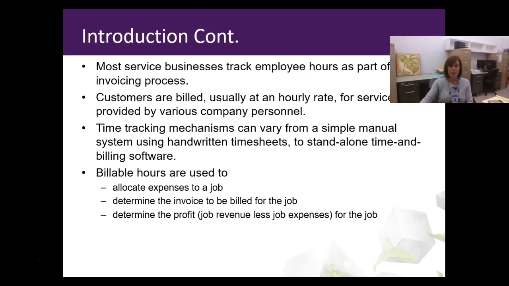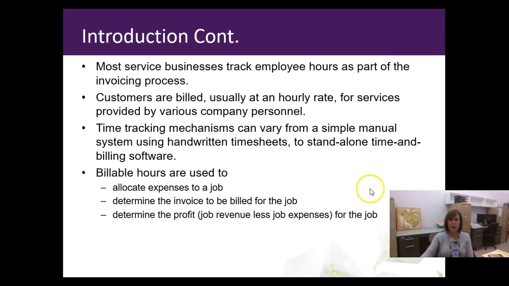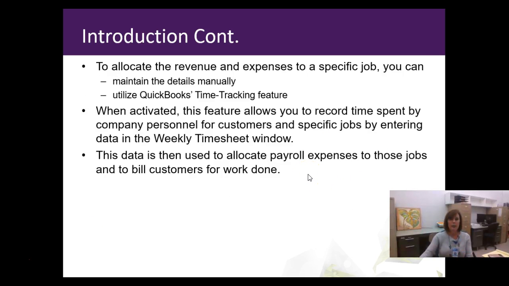And that's just one example of why we might want to use jobs as opposed to just billing strictly to customers. What we're also going to look at doing is allocating our time to these particular jobs, as opposed to just having employees track their payroll and saying, okay, I worked 7 hours today. Well, that's great. How did you work your 7 hours?